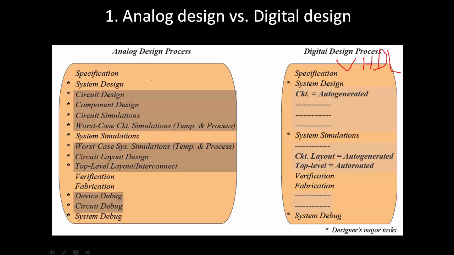We start to design the components, we start to simulate the circuits, and see what the worst cases, the corners, are, and then we make a system simulation. We see also what the worst cases are in the system simulation. We make the layout design by ourselves, till the end of the debugging of our design.